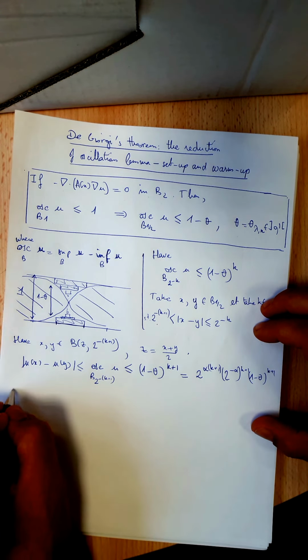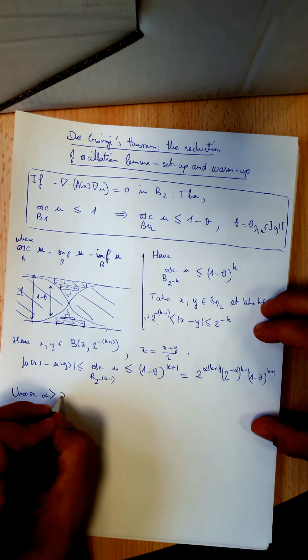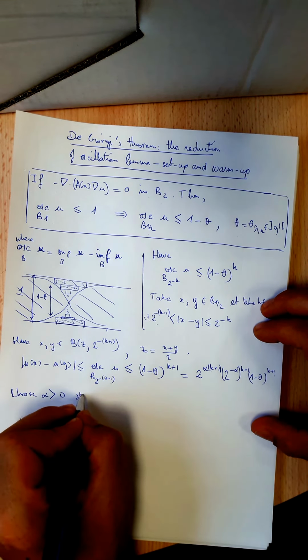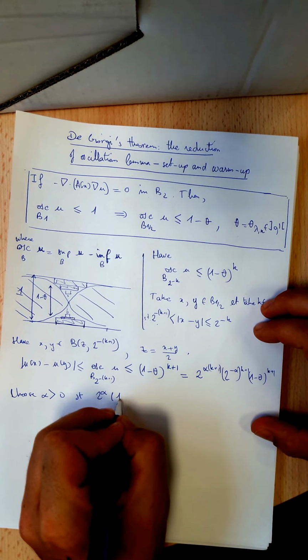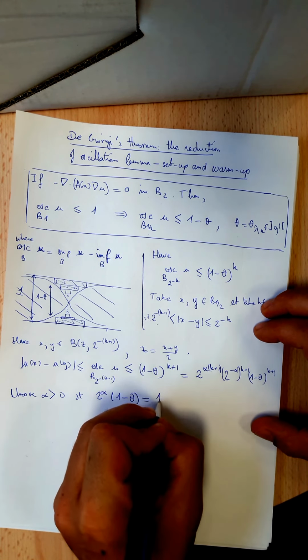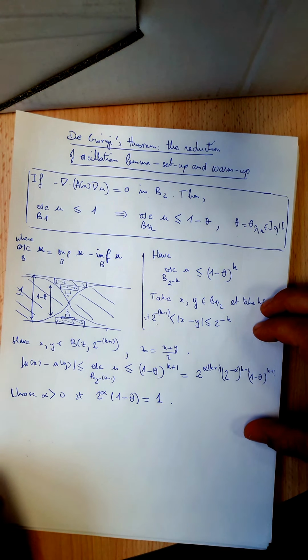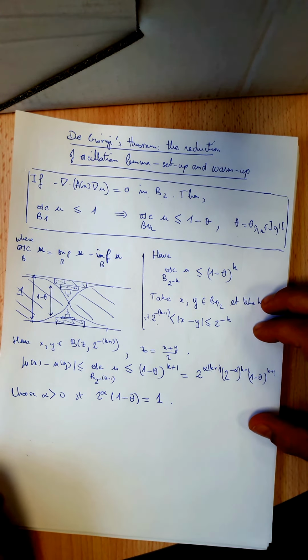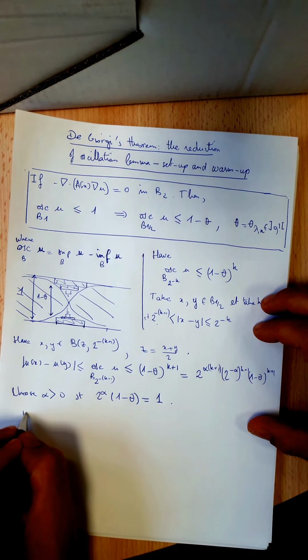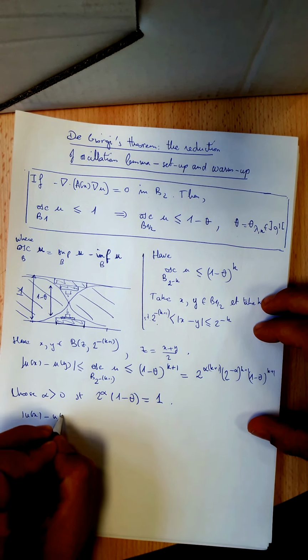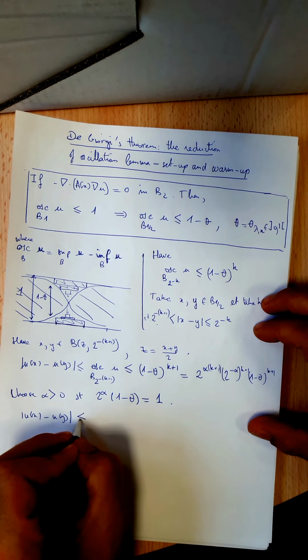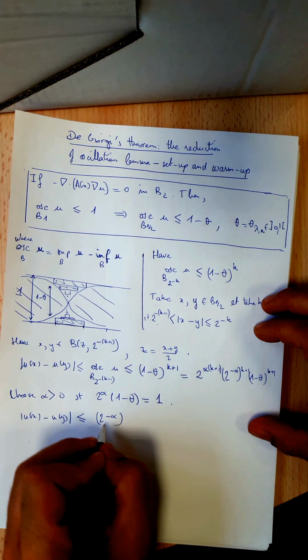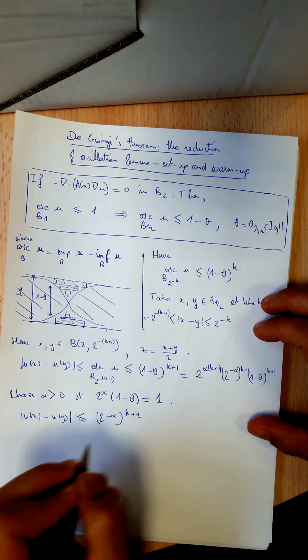And so now if we choose alpha positive, such that 2 to the alpha times (1 minus theta) is equal to 1, which is always possible since theta is positive, then we recover that u of x minus u of y is going to be less than 2 to the minus alpha (k plus 1).